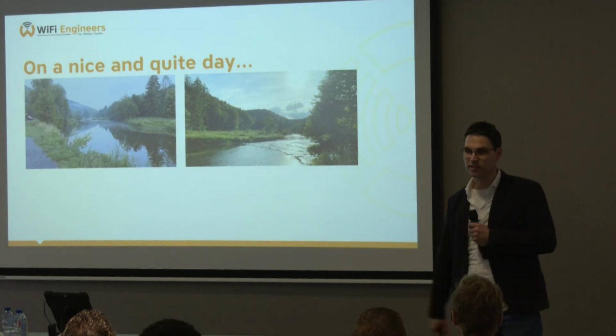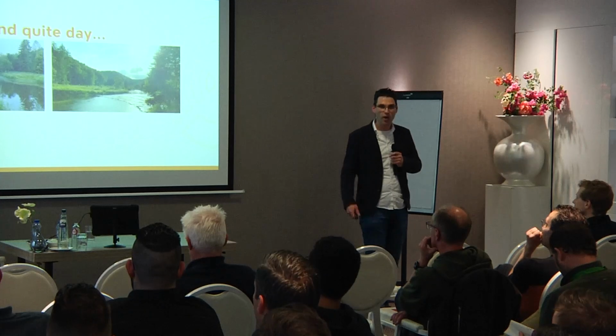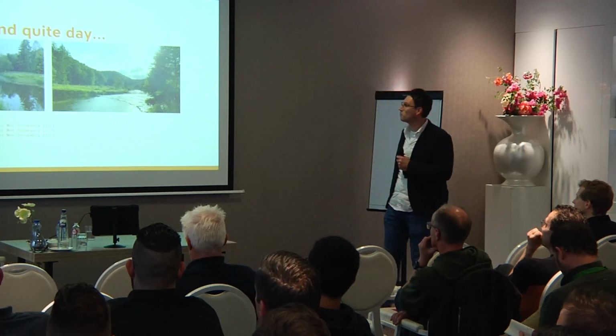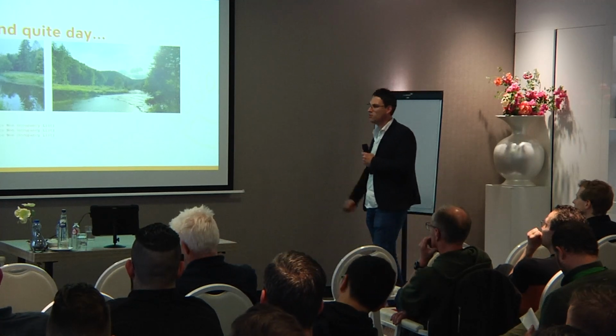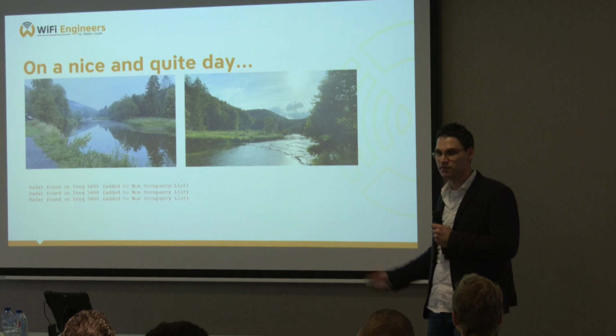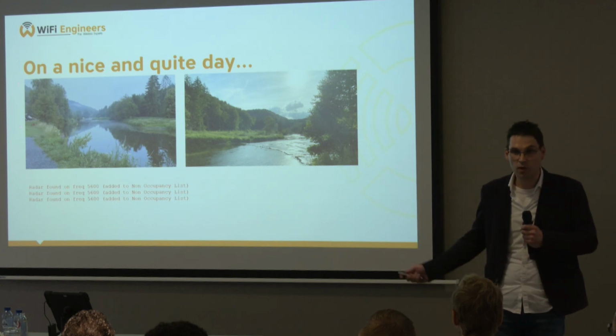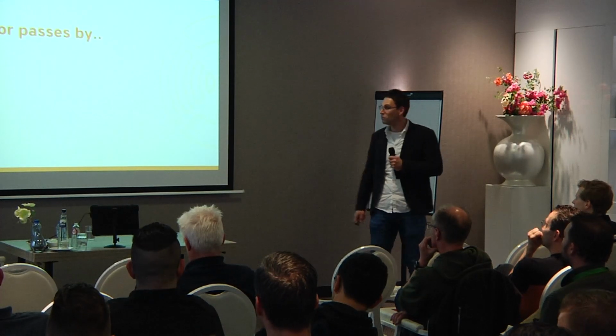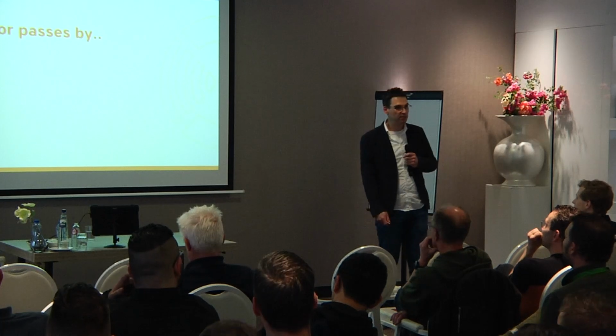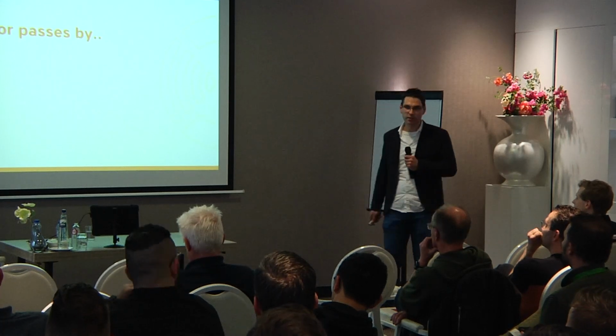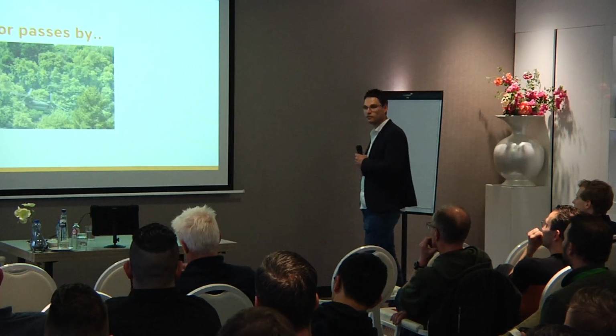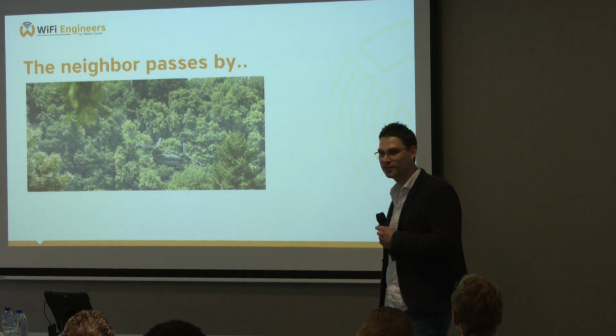For example, here, it's a nice place, quiet. Somehow, we're seeing some DFS hits here. Of what might be the cause. Sometimes one of the neighbors is passing by. Is testing out his chopper.